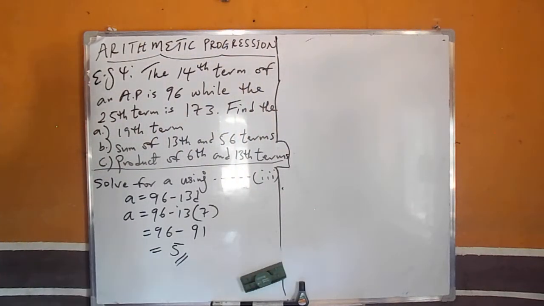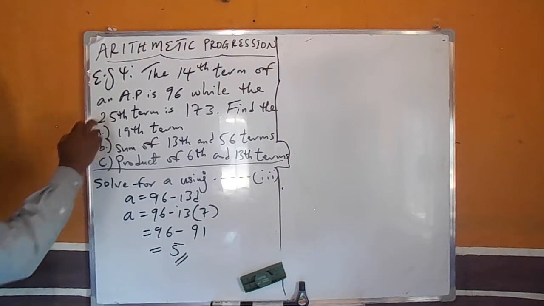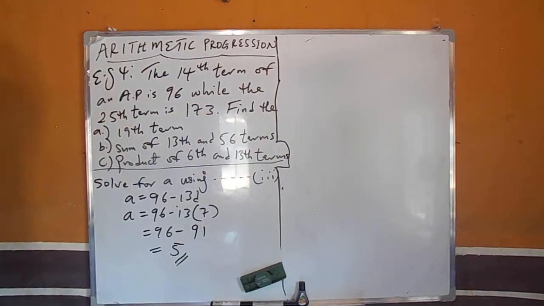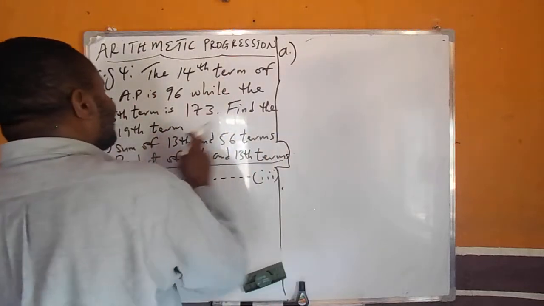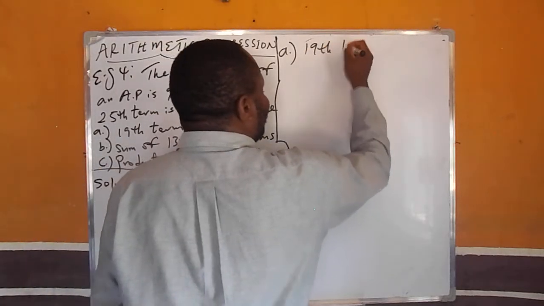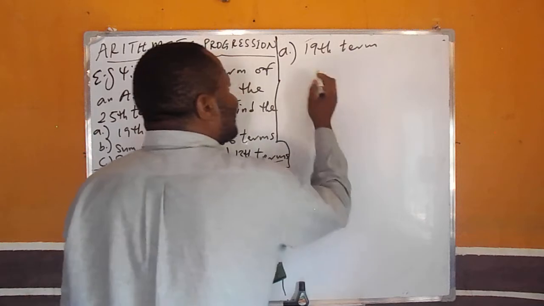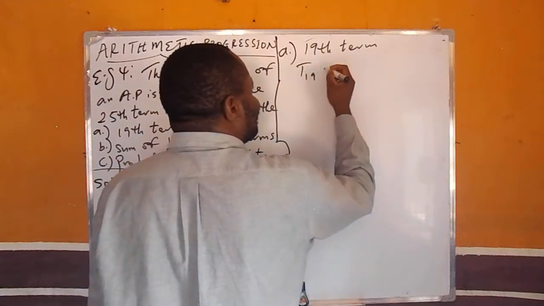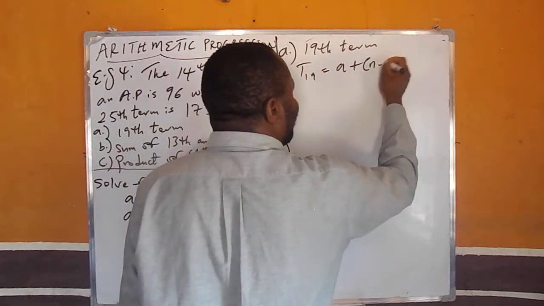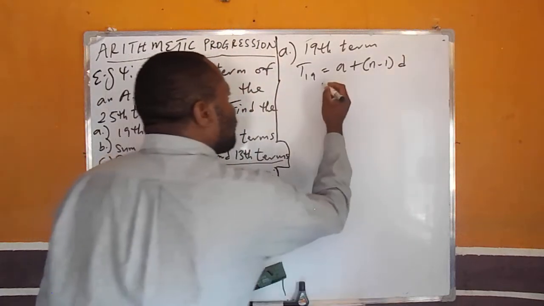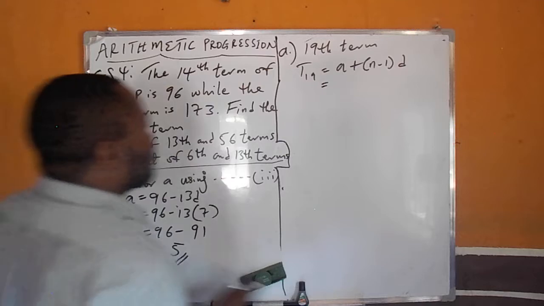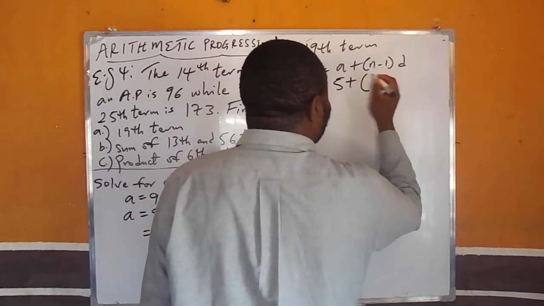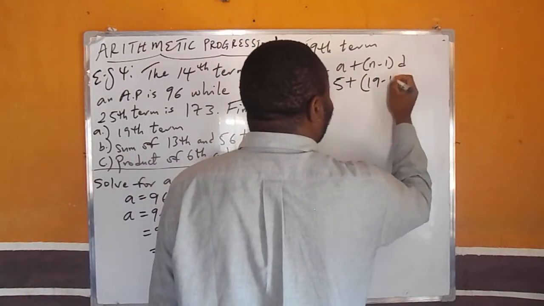If we continue here, then we can now look for the first question, which says find the 19th term. T19 equals A plus bracket open N minus 1 bracket close D. A, which is our first term, is 5, plus N, which is 19, minus 1.